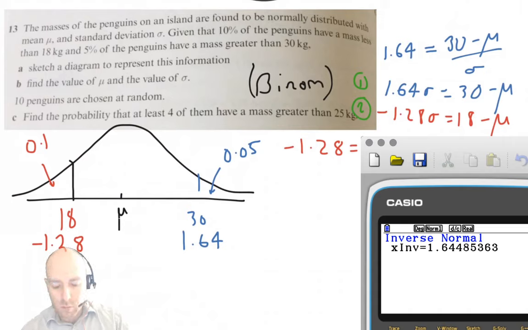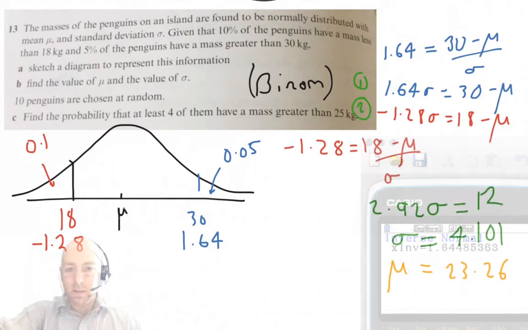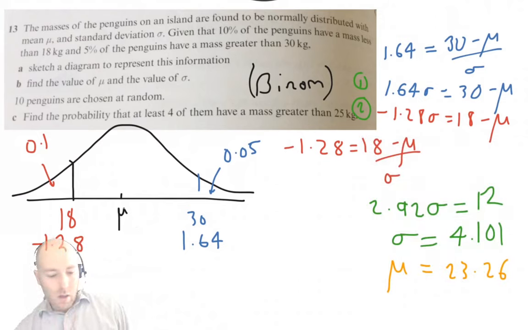So we're going to get 2.92 sigma equals 30 take 18, which is 12. So sigma equals 4.101. Sub that back in and we get mu equals 23.26, which are hidden under the calculator. There you go. Cool. All right.